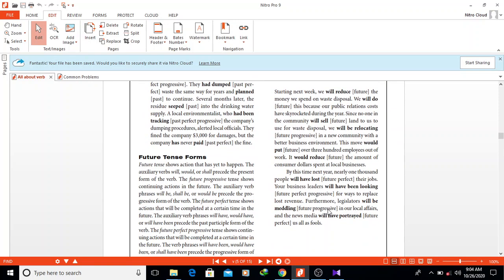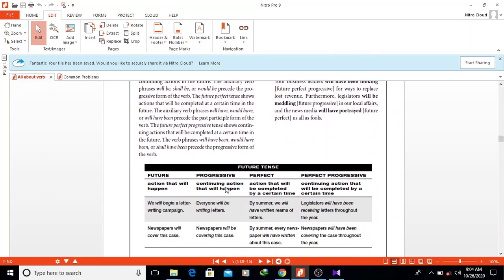And if it's future tense, there is simple future, future progressive, future perfect, and future perfect progressive. Actually, you will not really use all these 12 tenses in your paragraph, but commonly you will just use simple present, simple past, simple future, or progressive. Those are the commonly used.